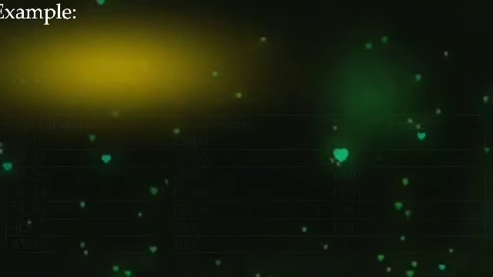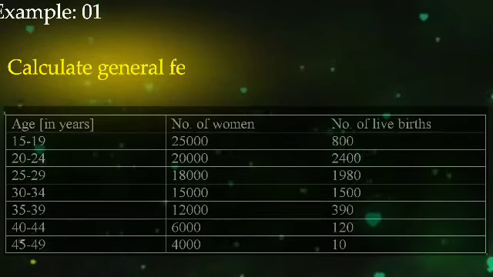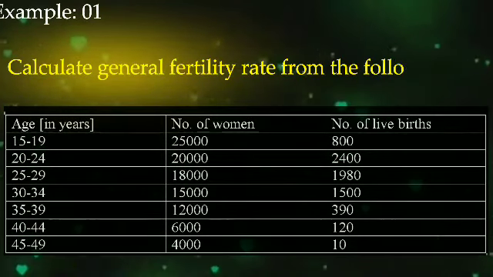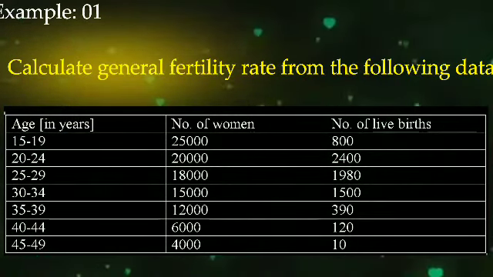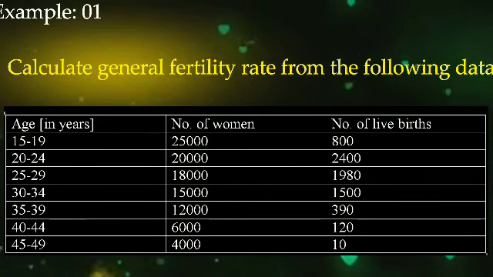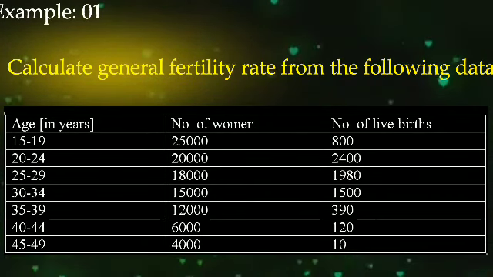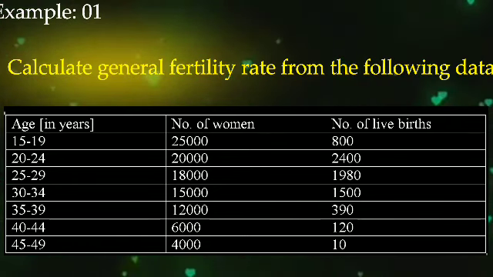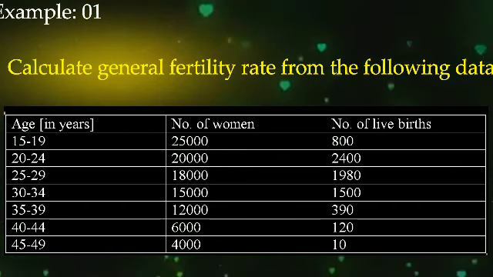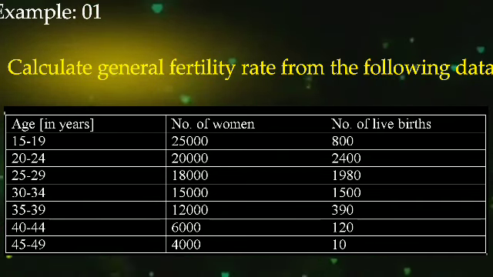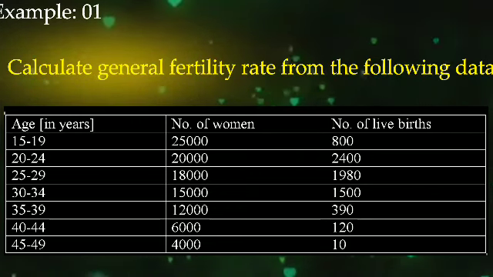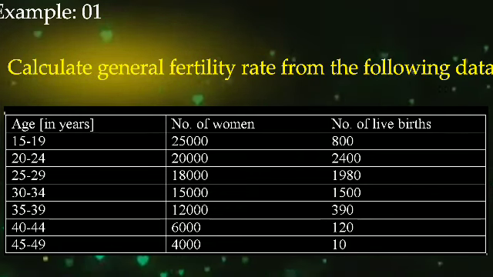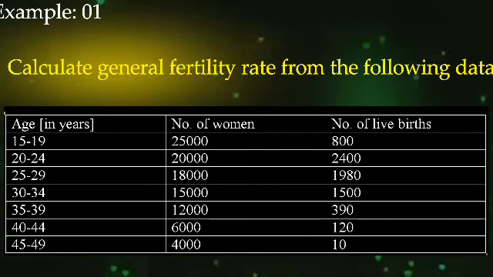Example: calculate the general fertility rate from the following data. The data is given, as I told, with the age group along with the female population and the number of live births. Since your question is to find GFR, only the female population is given. So first you should find the total number of live births and the total number of women.